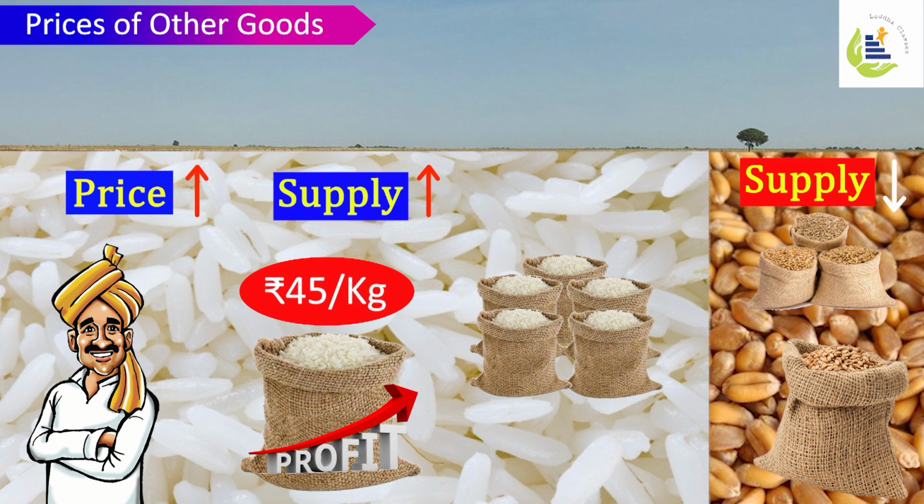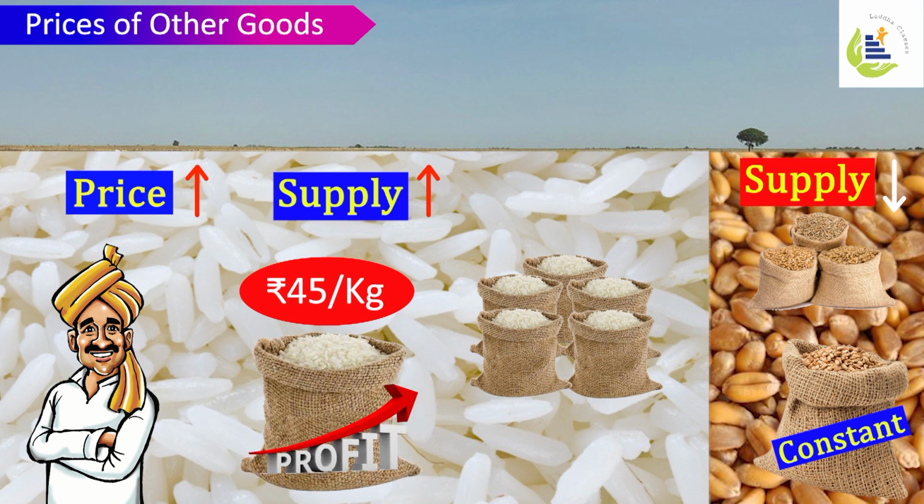As the price per kg of rice in the market has increased, naturally the production and the supply of rice will increase because the resources a farmer has will shift to rice instead of wheat. But in the whole process, even though the price of wheat has not changed, its supply will decrease because its production has reduced. The farmer has shifted his limited resources from wheat to rice in order to enhance the profit.